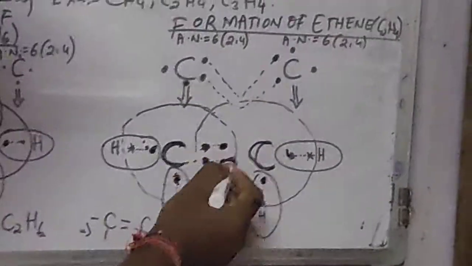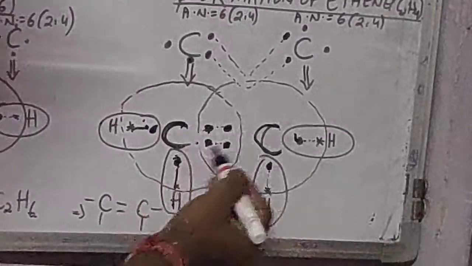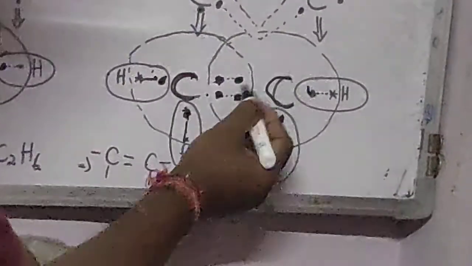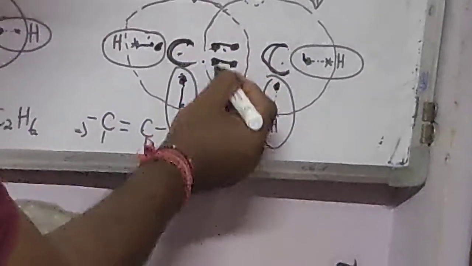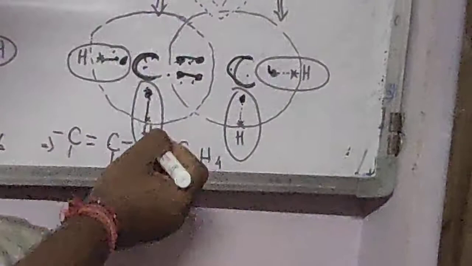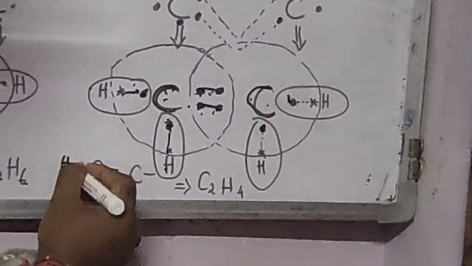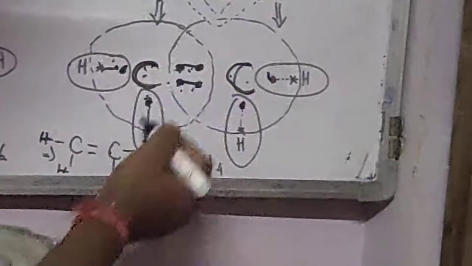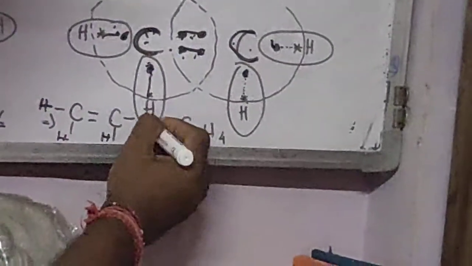So there will be a double bond and single bonds. I have represented here C double bond C, and single bond hydrogen on each remaining position.